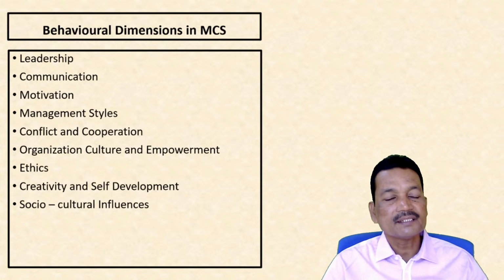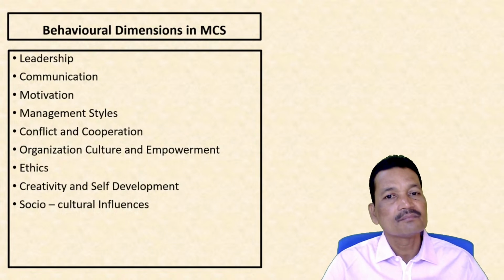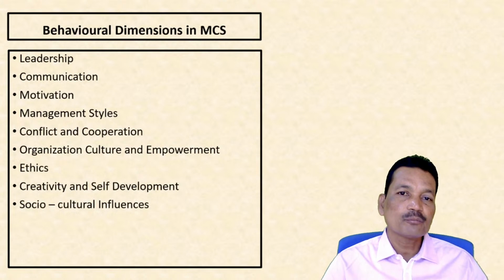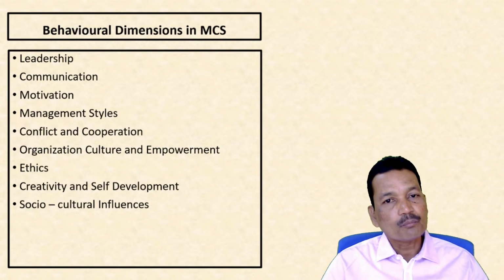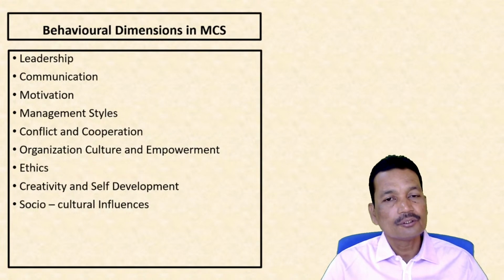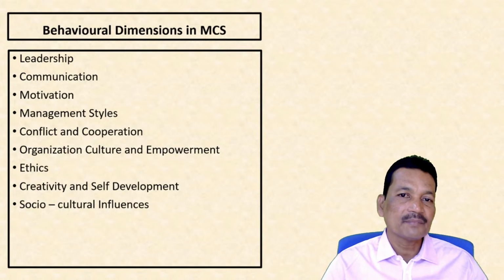So leadership is required. Second is communication. Communication has to be very free and it should be flowing upwards, that means towards the top management. Also, it will be coming from top to down, that means towards the lower level of management.